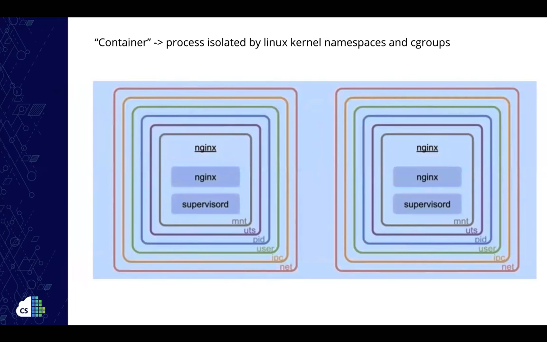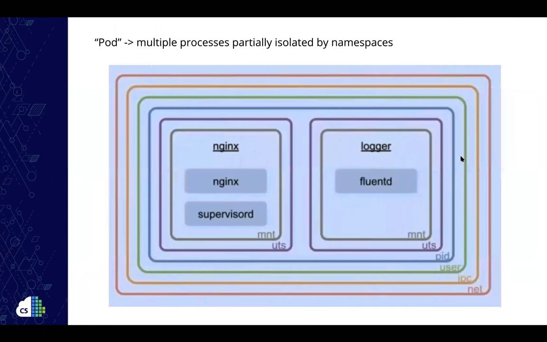While in this situation, this Nginx container and this logger container will see themselves as running on the same machine. Still, something is separated: the mount namespace and the UTS namespace, which means this container will see its host name as different from that one, and so on. But all the rest are shared.